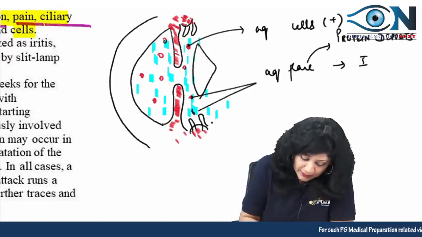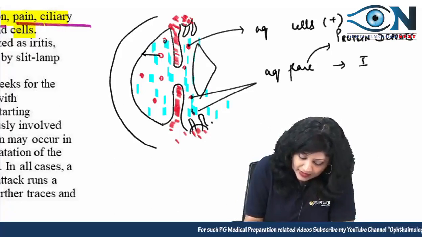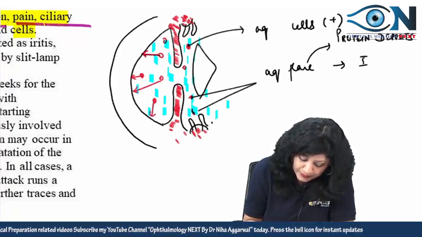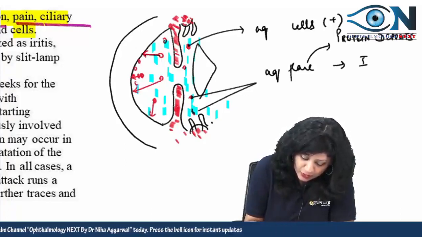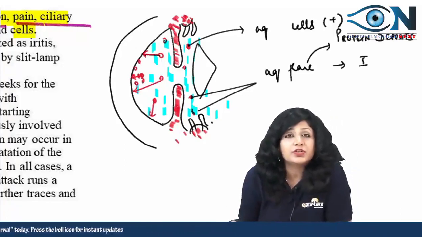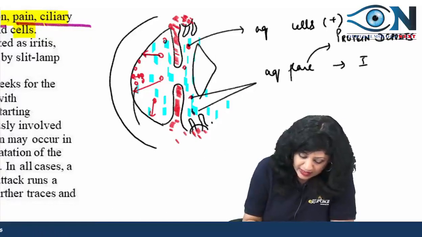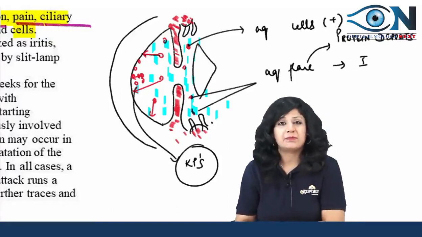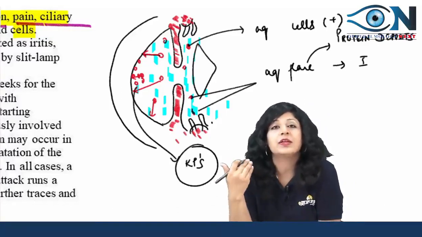And they are going and forming deposits on the posterior surface of the cornea. When they are on the posterior surface of the cornea, they are called the keratic precipitates, the KPs.